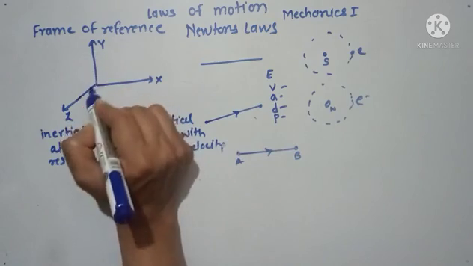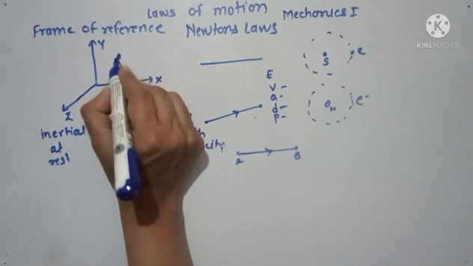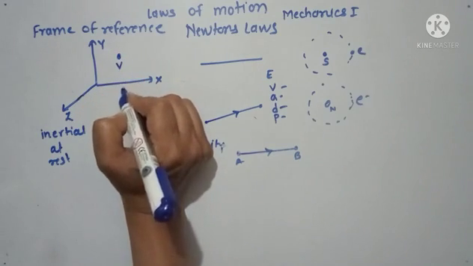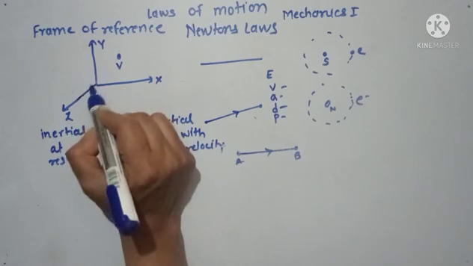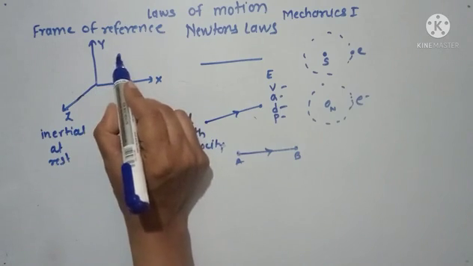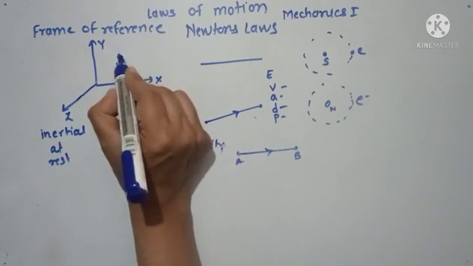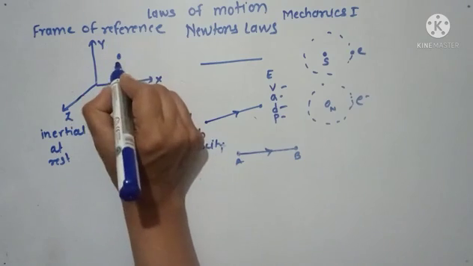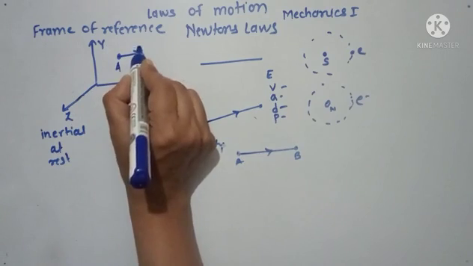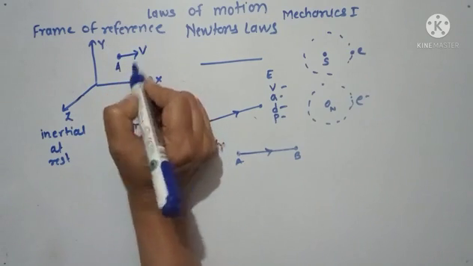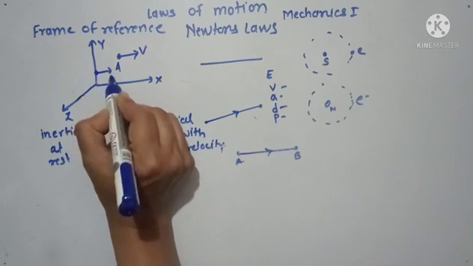For example, if this frame of reference is fixed, and there is a particle with a constant velocity v, then the particle is in an inertial frame of reference. Now suppose this particle, let me call it A, is moving with a constant velocity v, and this frame of reference is also moving with the same constant velocity v.